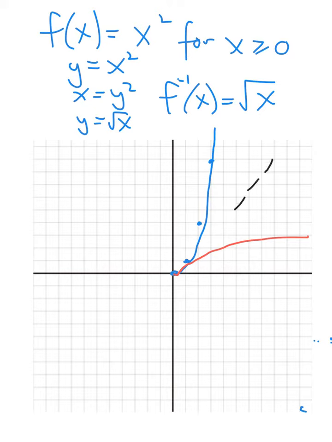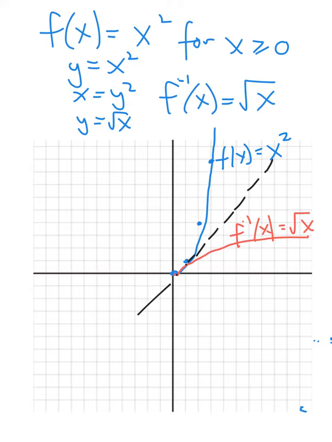There's the line y equals x coming through here, and the red line is a reflection of the blue line in the line y equals x. So this is f of x equals x squared, and this one is the inverse, f negative 1 of x equals positive root x.